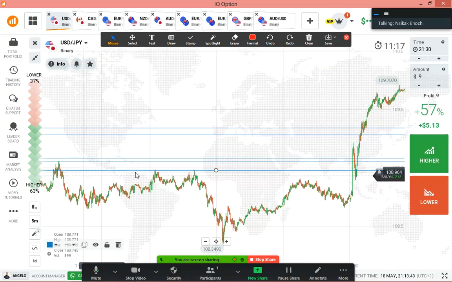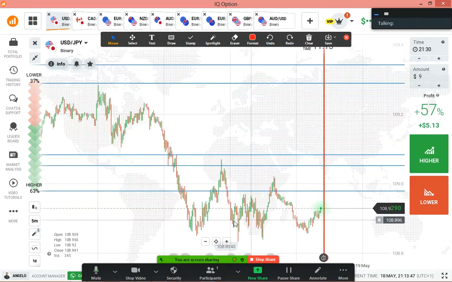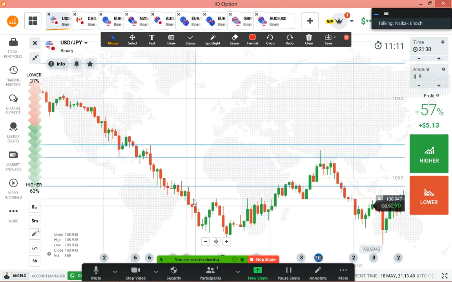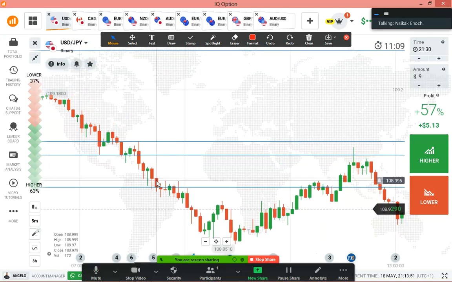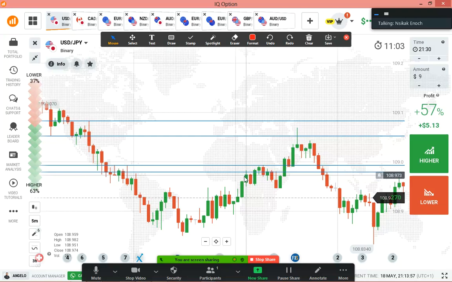You can see so many resistances here. We can also see another resistance here, another resistance here. So what happened when the price broke the resistance?